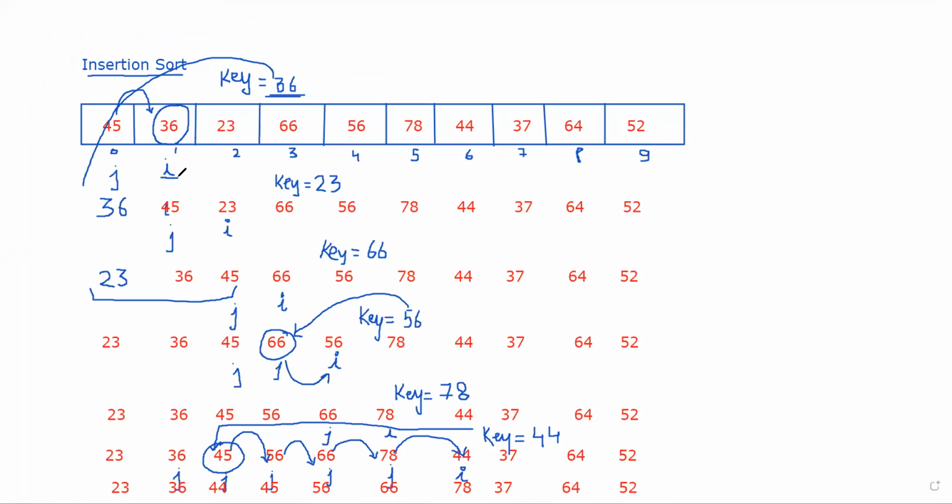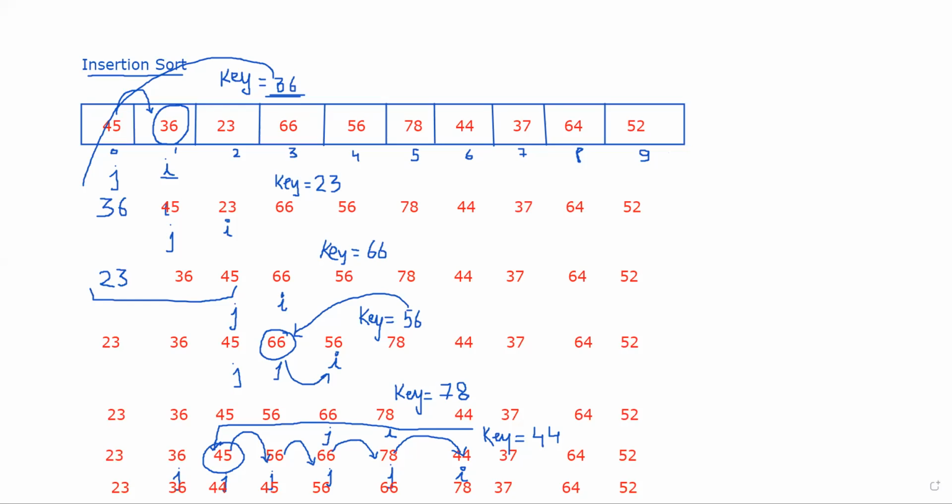The reason was that we assumed 45 is at its correct location. So I will always start with 1, and we will go up to the 9th position. Why 9th position? Because it is not compulsory that 52 is at its correct position. Maybe we have to shift this also, right? So the value of I will vary from first till n minus 1.